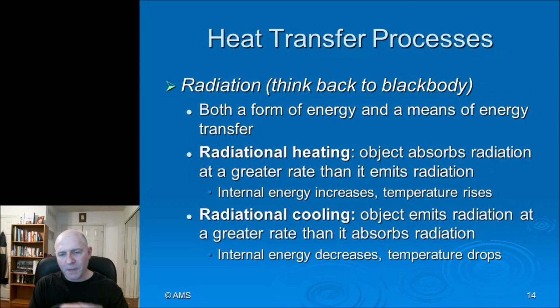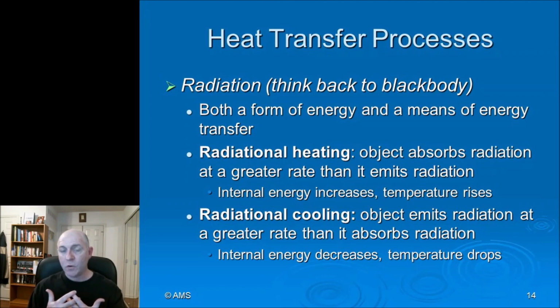Go back to a couple lectures ago, when we talked about a black body. A black body is a substance which absorbs all the radiation upon it in all parts of the electromagnetic spectrum and then emits all that energy once again. Not really reflecting, but absorbing it, reaching a temperature, and emitting it. So the temperature of that object never changes. It's consistent.